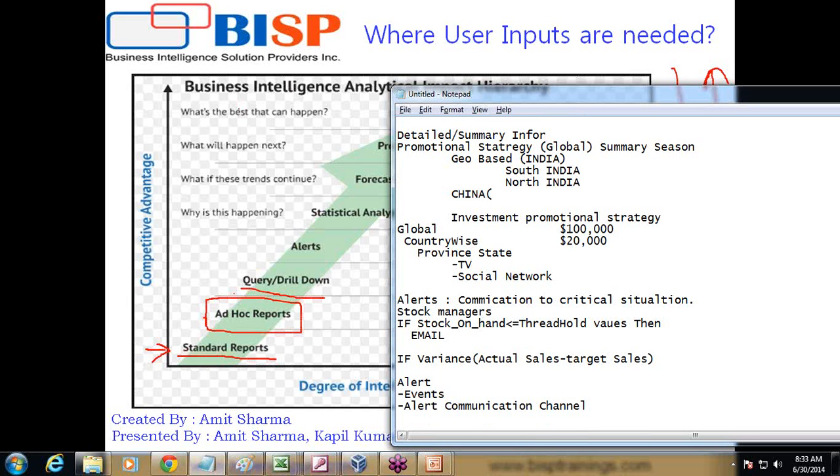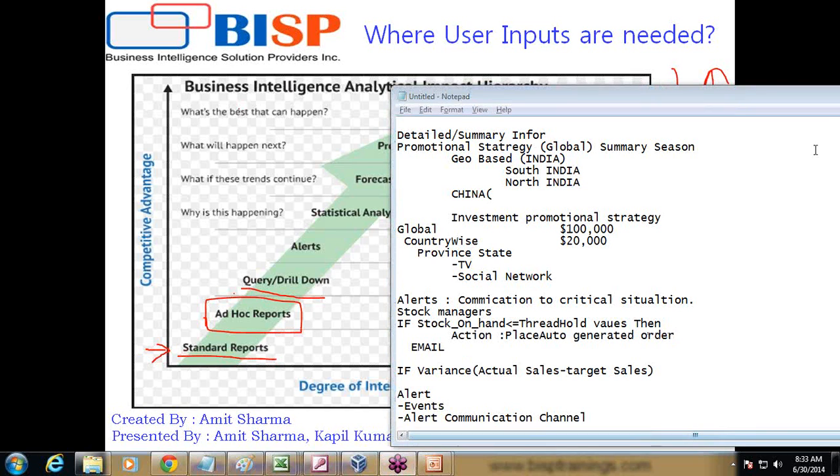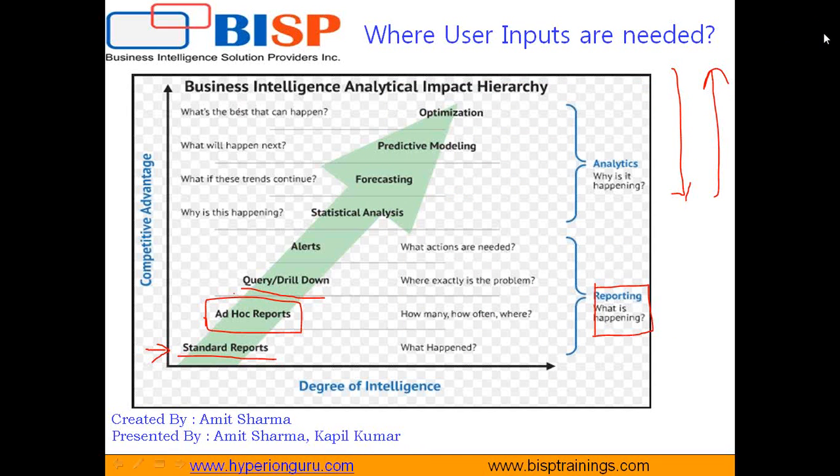Events, alert communication mechanism, and what action is to take place. You can associate some action, automate it. If your stock on hand is less than the threshold value, you generate an event, and the action is to place an order, auto-generated. Automatically an order would be placed. So inputs are needed in every step of implementation.